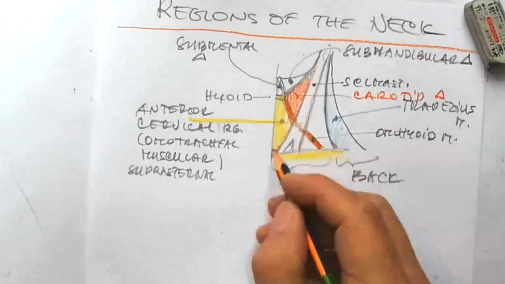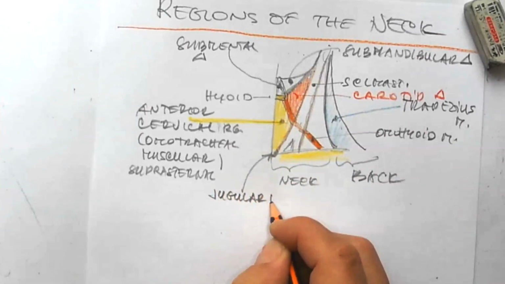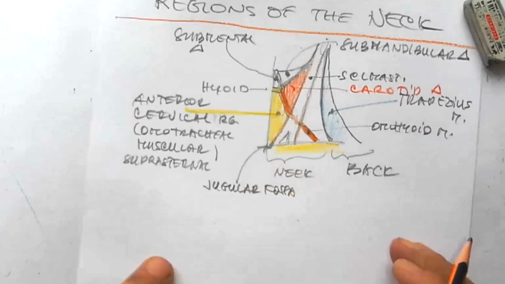And concerning the general names, here is the palpable jugular fossa, correct, one.